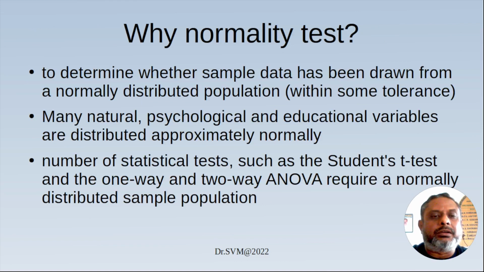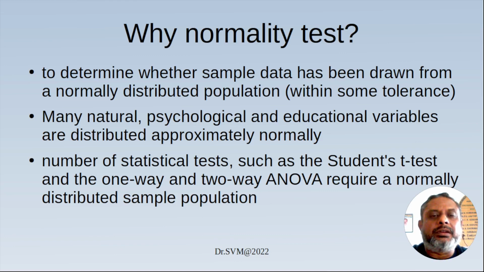This is required to determine whether the sample data has been drawn from a normally distributed population, with some tolerance, of course. We need to verify whether the sample is coming from a population which is normally distributed or not. That's one thing.